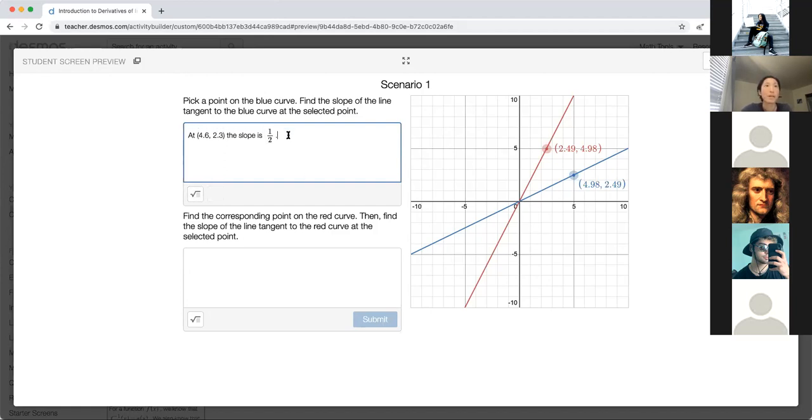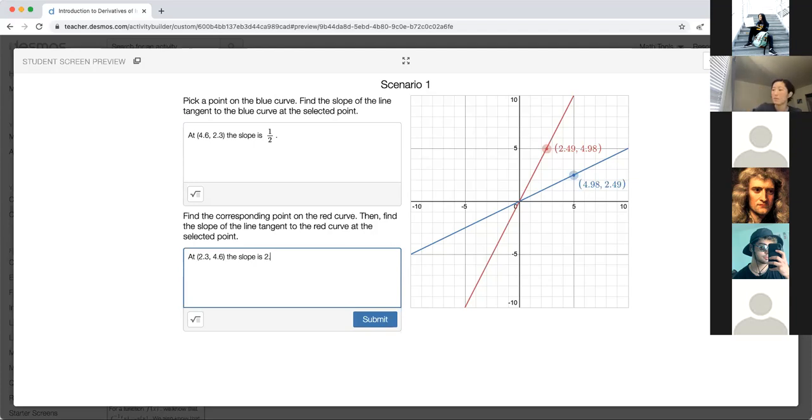Okay, and her corresponding point at 2.3 comma 4.6, the slope is 2. All right, very nice. Let's get maybe 2 or 3 other examples. So just like that, tell me the point and the slope for the blue one, and then tell me the point and the slope for the red one.